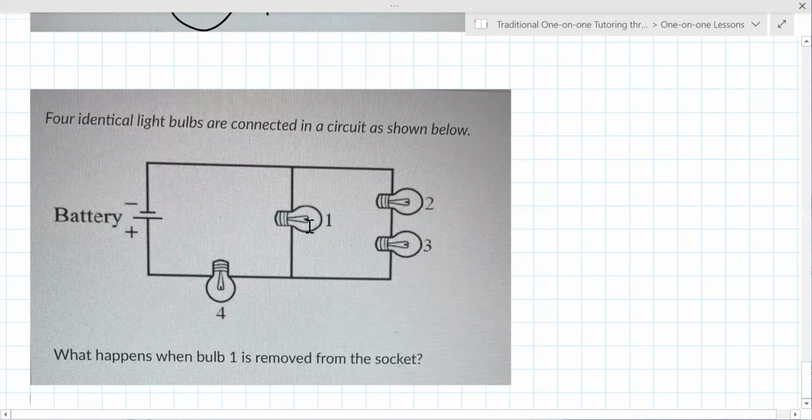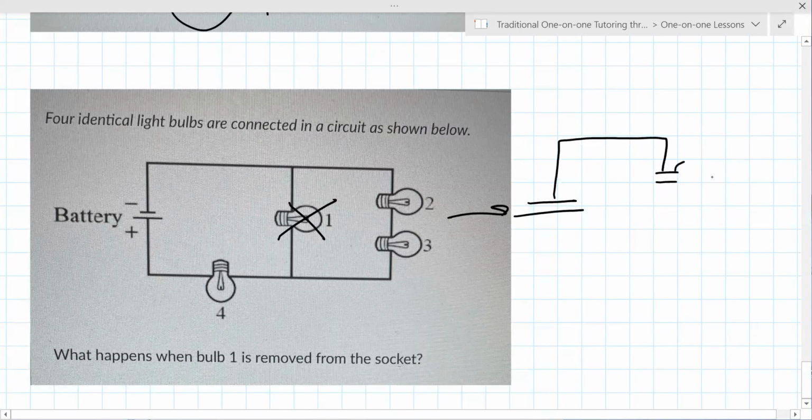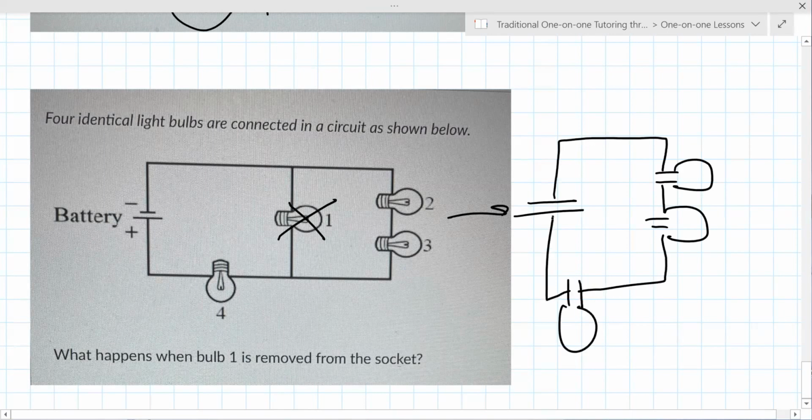So if this bulb 1 is removed, you effectively have just a circuit that looks like this, where you've got 2 bulbs, and then you've got this other bulb down here. But now we have to figure out which response is that one.